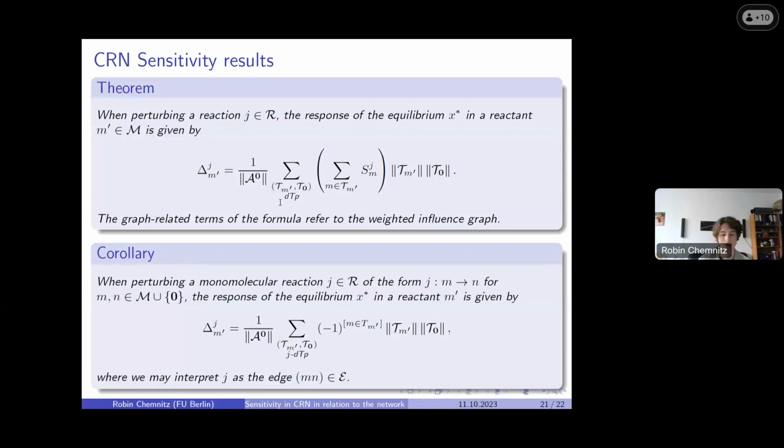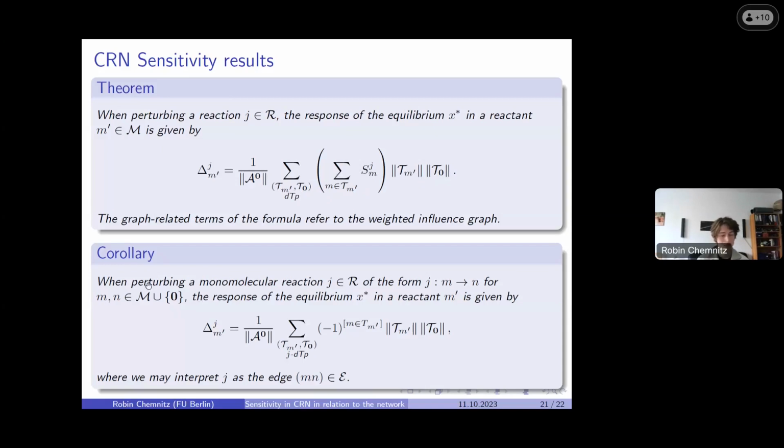But instead we just sum over all divided tree pairs that there are and determine whether they influence the thing positively or negatively, based on whether the metabolite is consumed or produced in this reaction. And this determines whether the weight or the focus of this divided tree pair will play in positively or negatively.